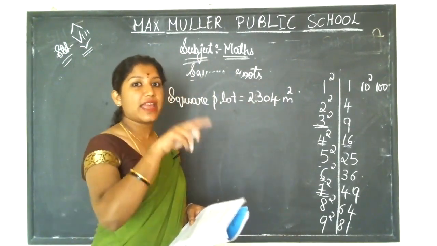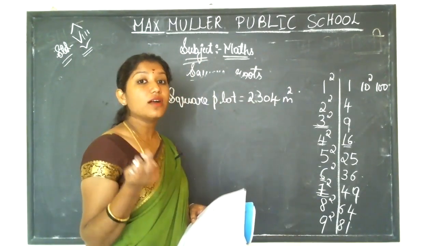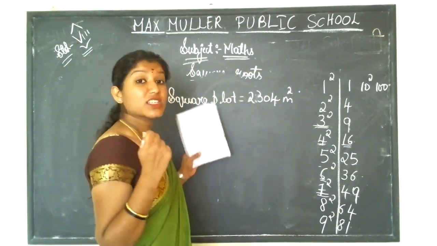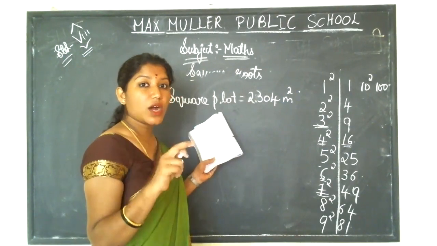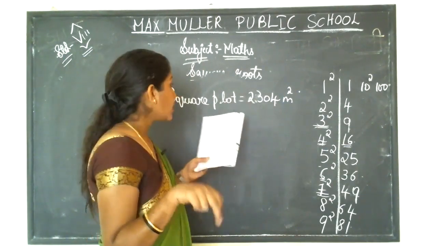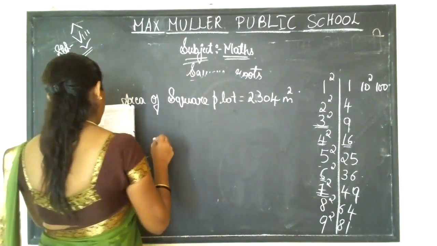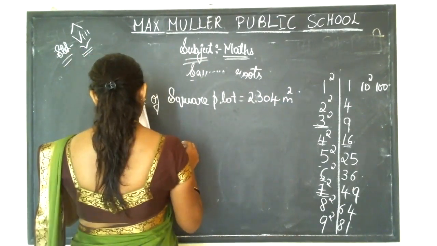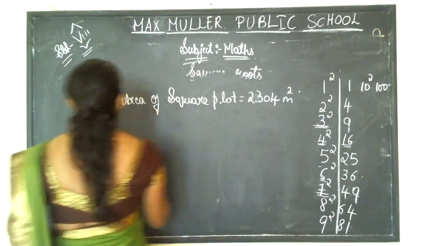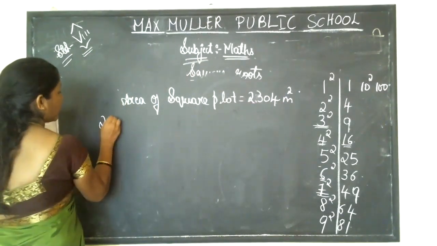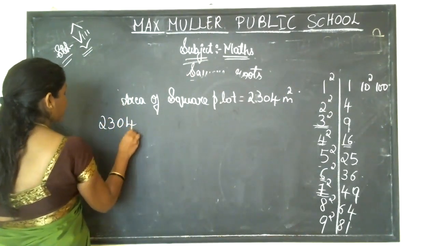You know it is a square plot, they have mentioned it is a square plot, so all the four sides are equal. That is, by the division method you have to find the square root of 2304.